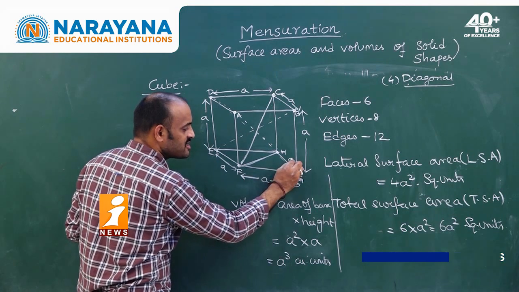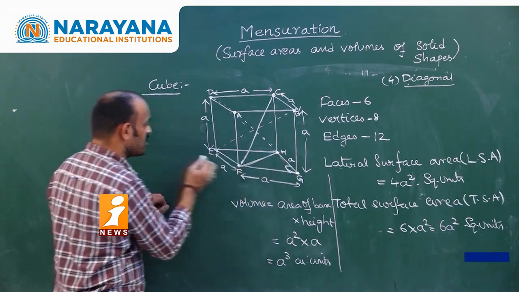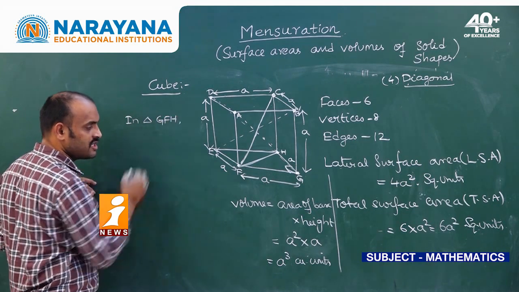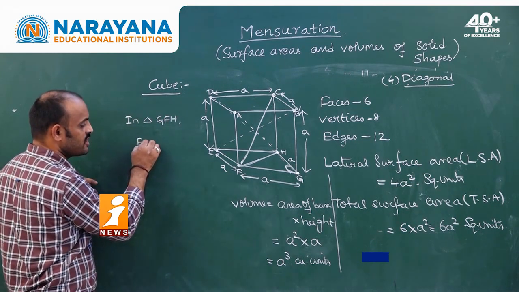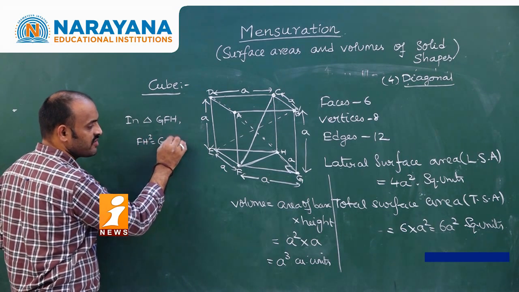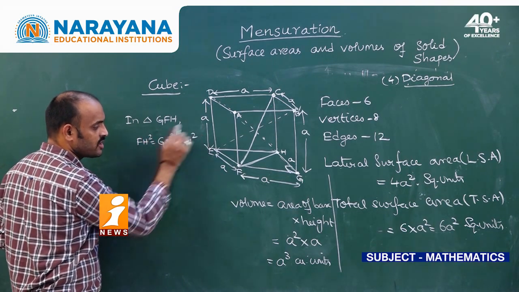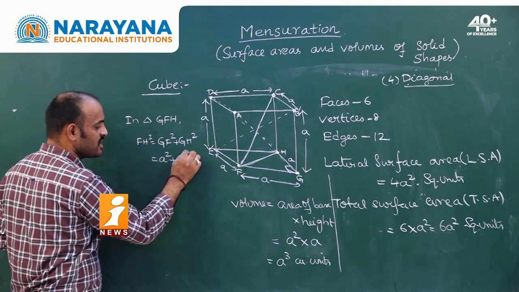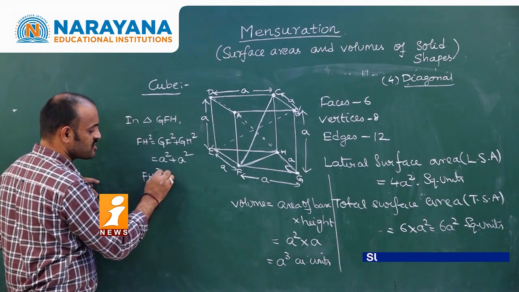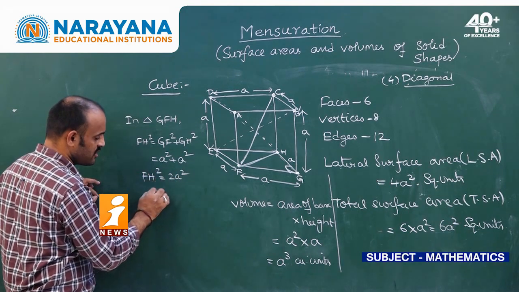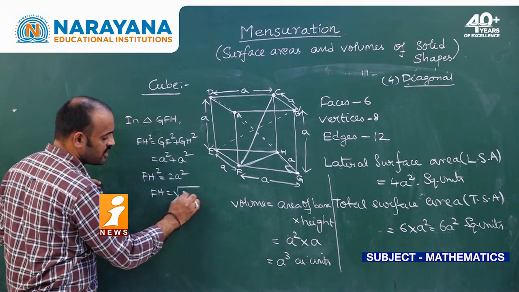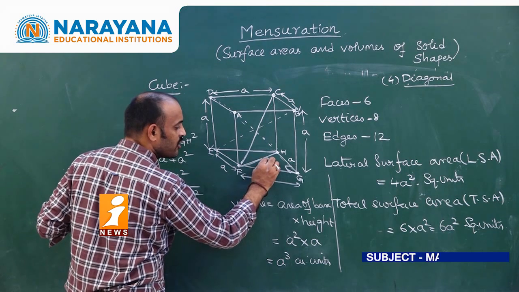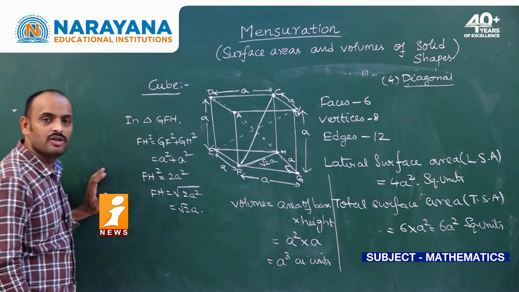As this is A and this is also A, using the Pythagoras theorem in triangle GFH, FH square is equal to GF square plus GH square. What is GF? A. What is GH? A. So A square plus A square. Therefore FH square is equal to 2A square. FH is equal to under root 2A square, which is root 2 into A. Therefore, I got the length of FH as root 2A.